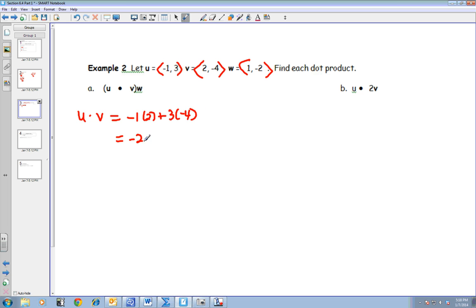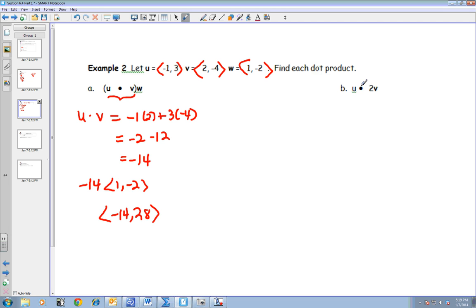That gives me -2 minus 12, which is -14. And now I'm going to take this answer, -14, and multiply it by w. So I have the scalar being multiplied by this vector. So that's going to give me the vector -14, 28. Okay, and that's my answer.